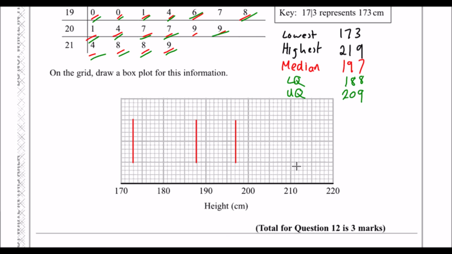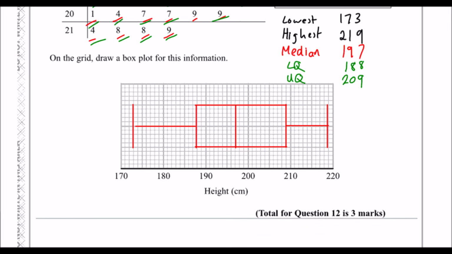Upper quartile at 209. And the highest was at 219. So then we draw lines from the upper quartile to the end and lower quartile to the end, and a box around the middle 50%. So there is our box plot.